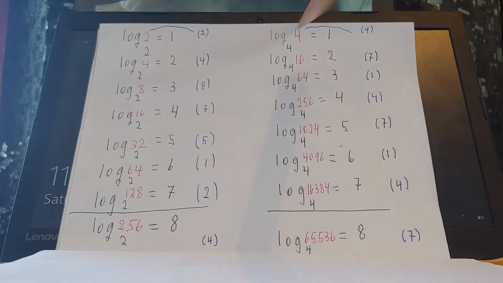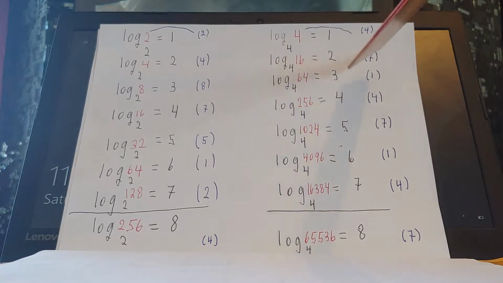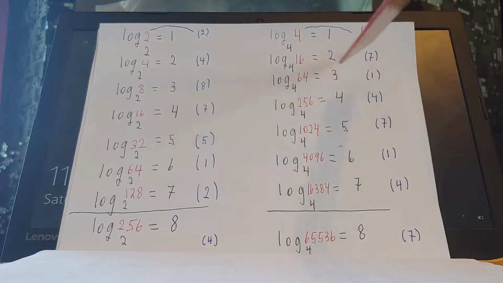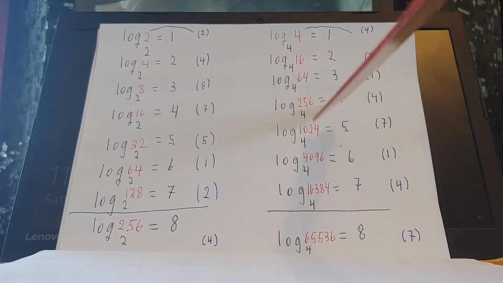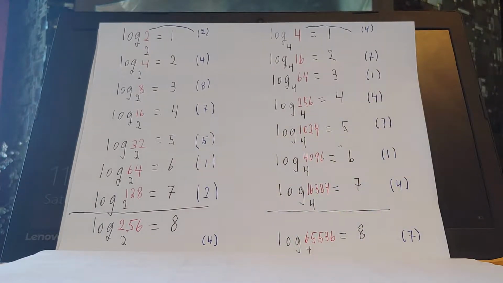Or log 4, we go 4 to the 1 is 4, 4 squared is 16, 4 to the 3rd 64, 4 to the 4th 256, 4 to the 5th 1024, 4 to the 6th 4096, 4 to the 7th 16384.